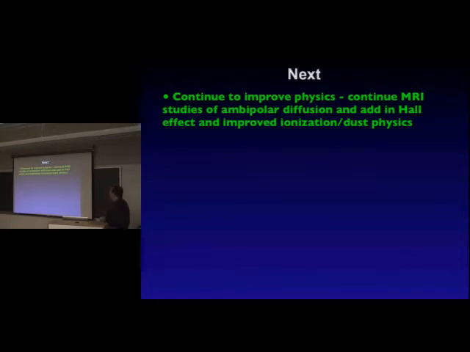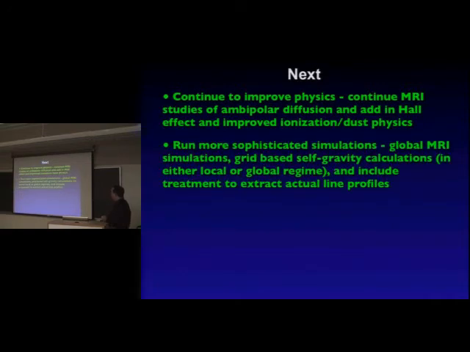And maybe add in improved ionization dust physics, although I think that's less important than getting these two things nailed down. Run some more sophisticated simulations, such as global MRI simulations, and maybe do raytracing for that, and a grid-based self-gravity calculation so that you can study higher distances away from the disk midplane.